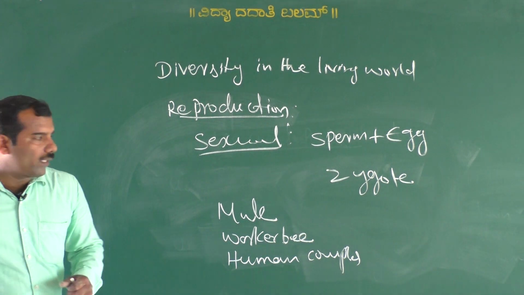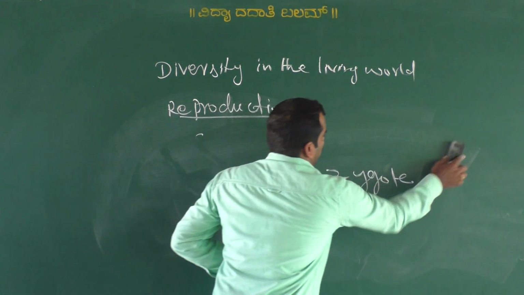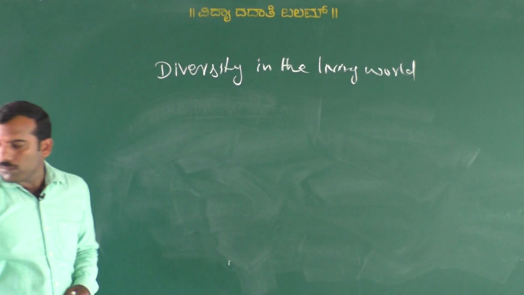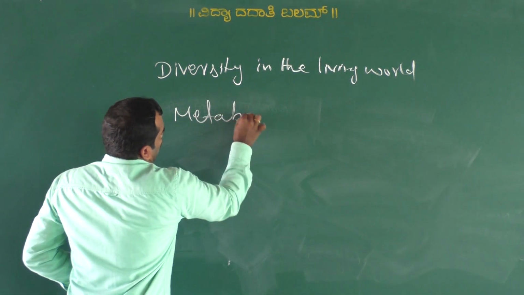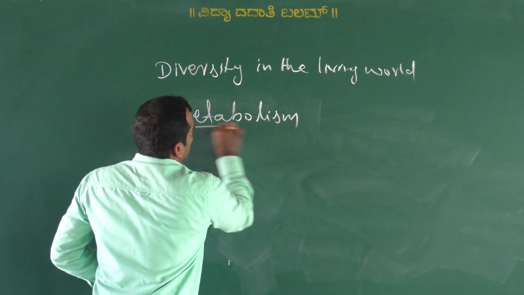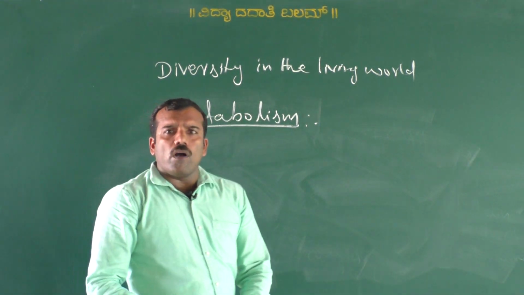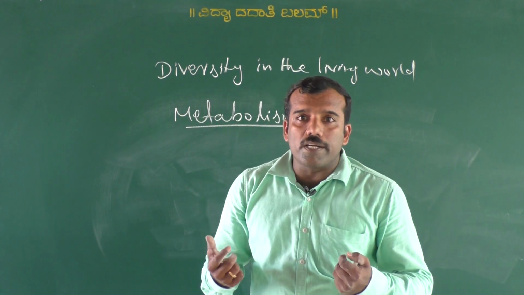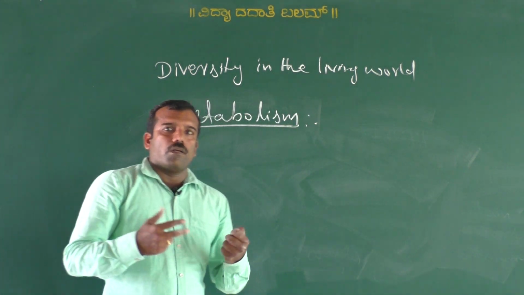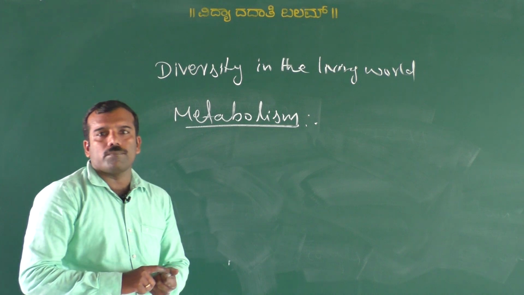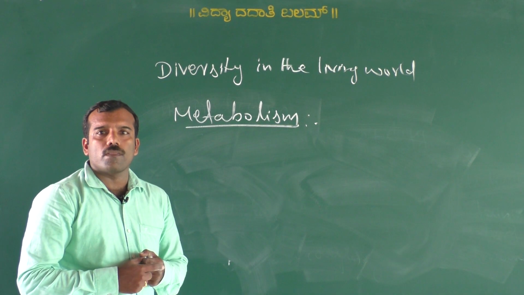Then another character, that is metabolism. So you know that all living organisms are made up of chemicals, different types of chemicals, whether small or bigger ones, of various classes or different functions.